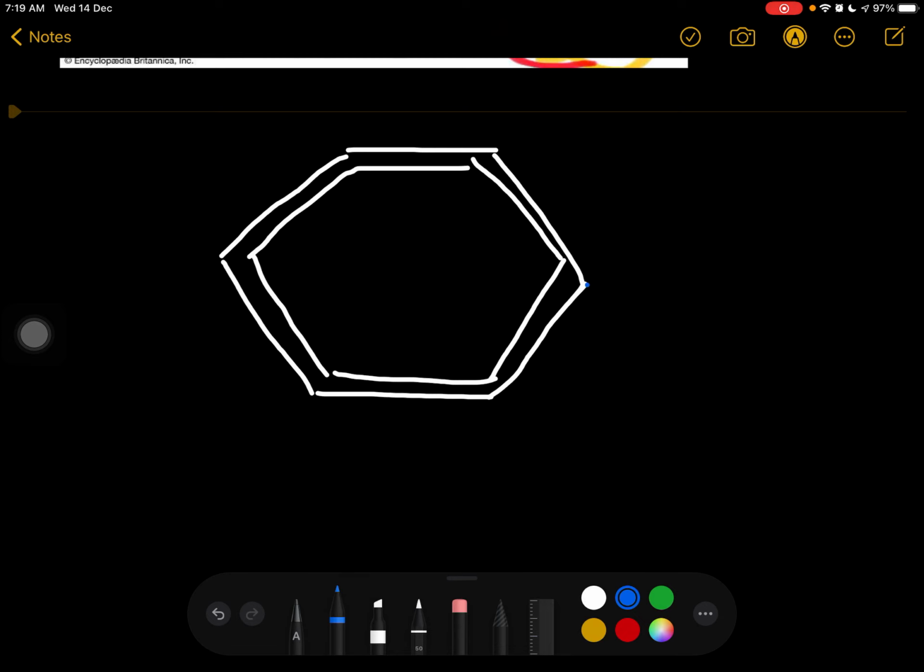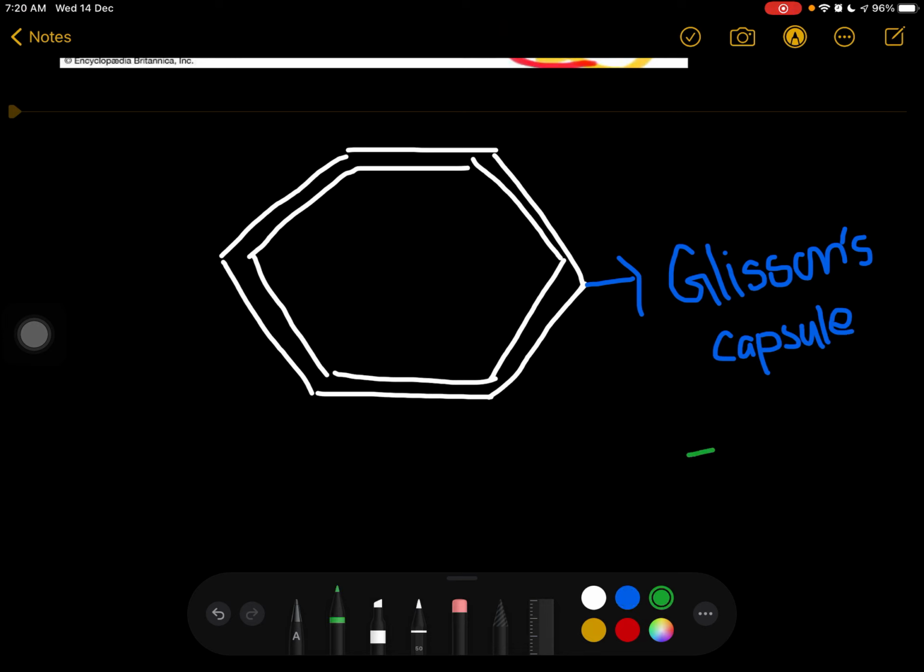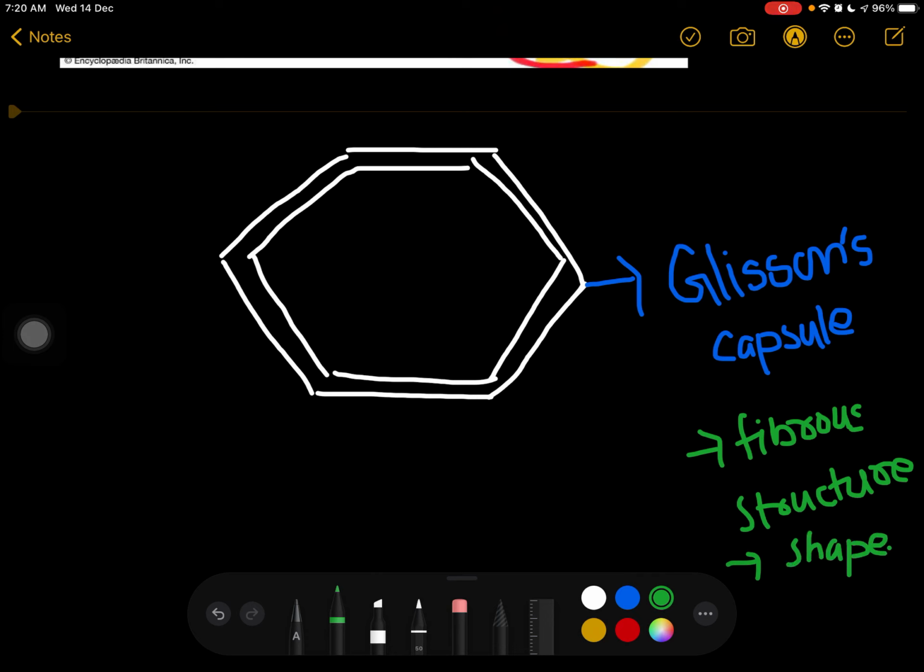Right, this capsule is known as Glisson's capsule. It is made up of fibrous structure. It helps to maintain shape. Basically, we are having polygonal shape or hexagonal shape of this Glisson's capsule.